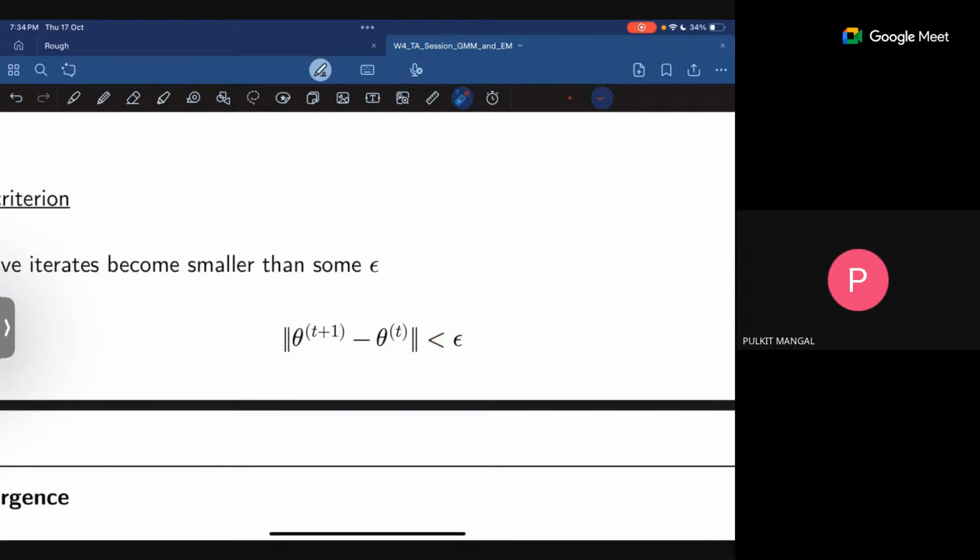This is a threshold that you set, for example 10 power minus 3 or 10 power minus 5.